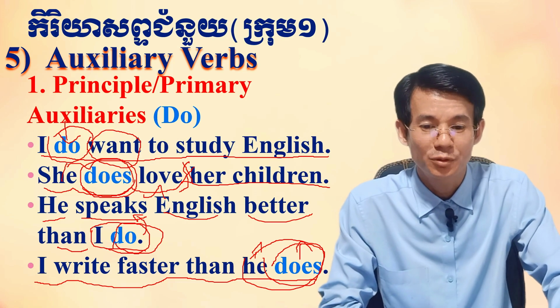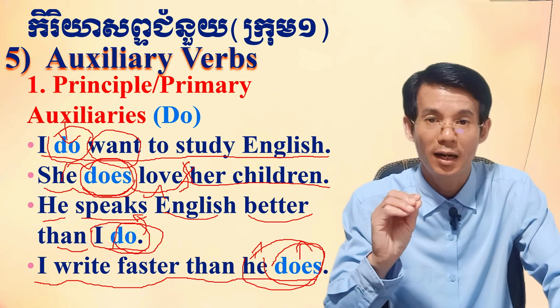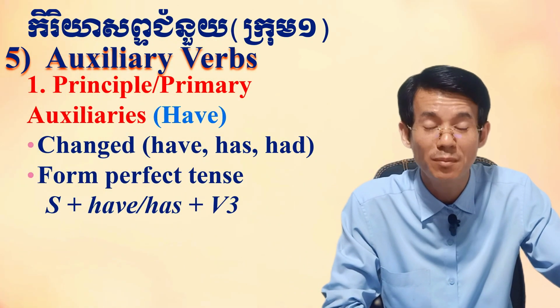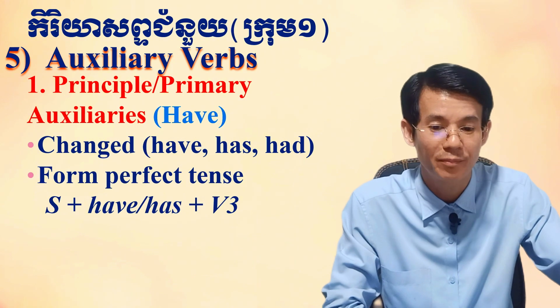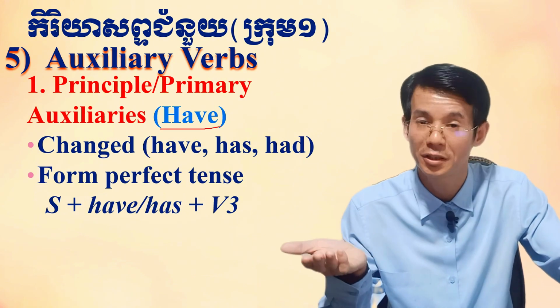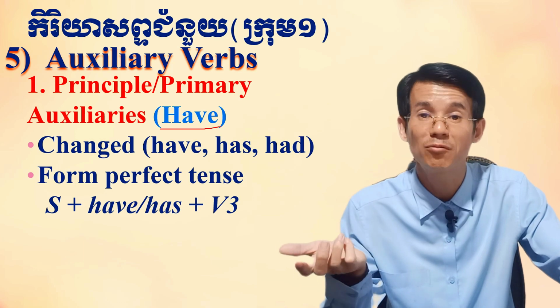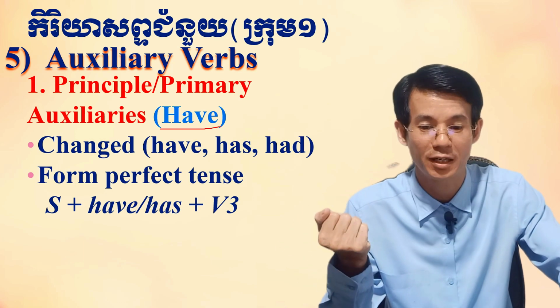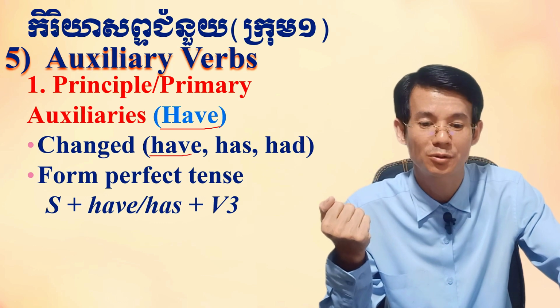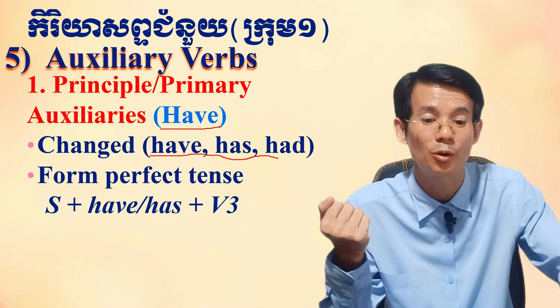Okay, move to the next part about have. Auxiliary verb, primary auxiliary have. How does the verb have change, and how does it function as the main verb in grammar? The verb have can be changed to have, has, or had.